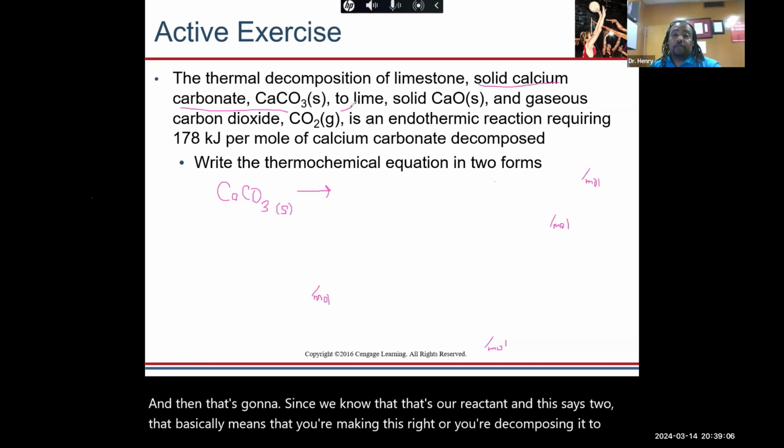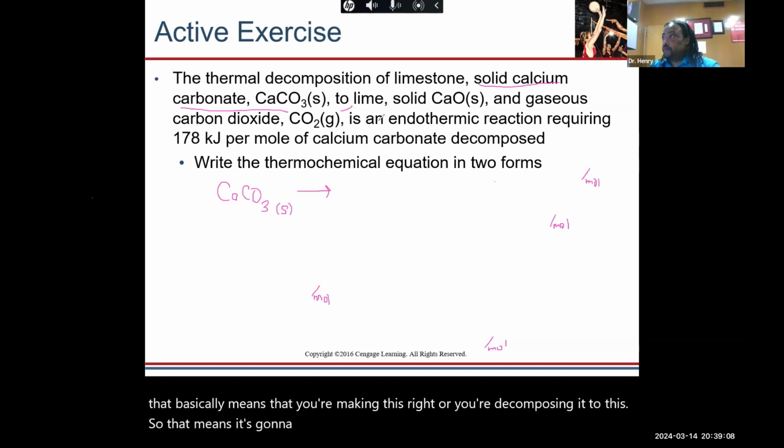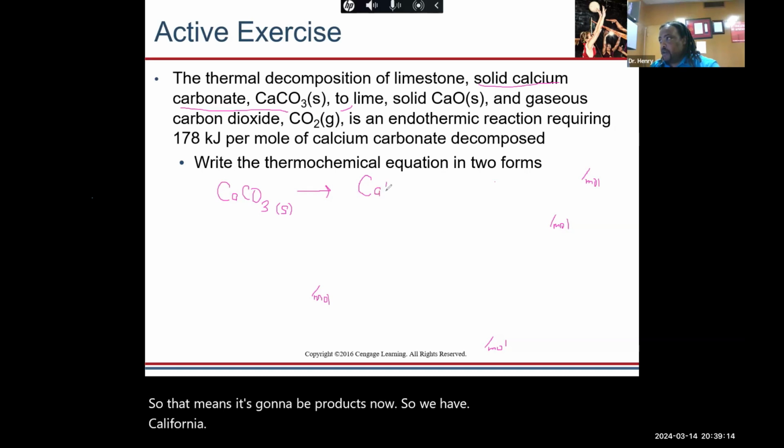So that means it's going to be products now. So we have CaO, solid, plus carbon dioxide, CO2.